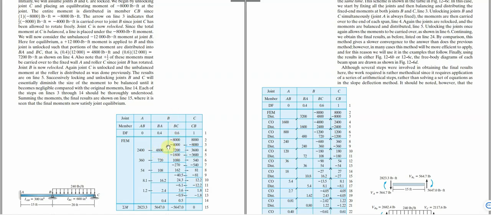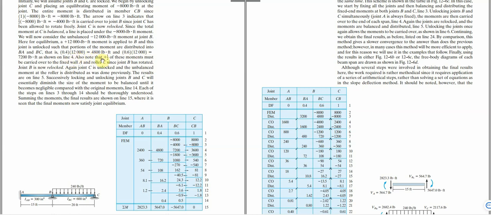Then after that, it's just the same explanation that is written here: 0.4 times this is 4,800, and 0.6 times 12,000 is 7,200, on line 4.